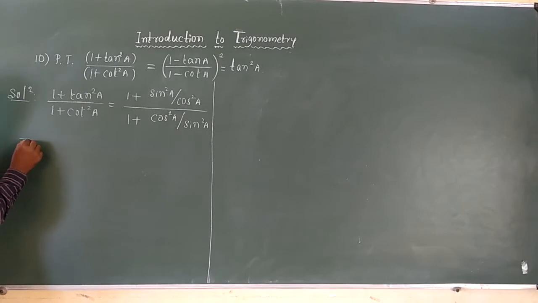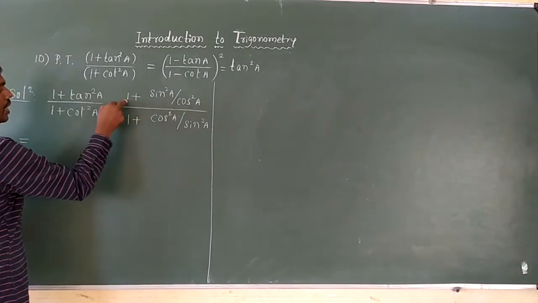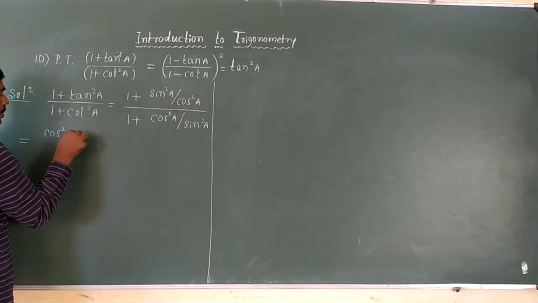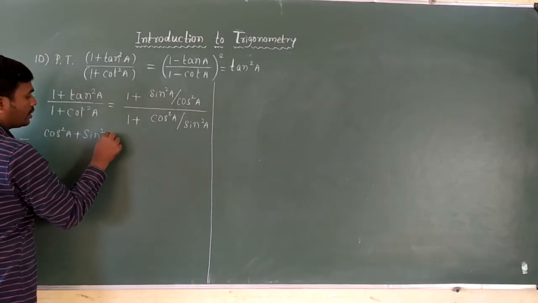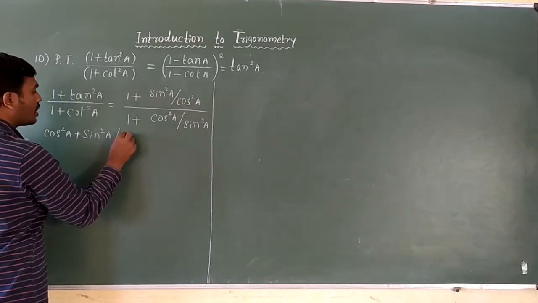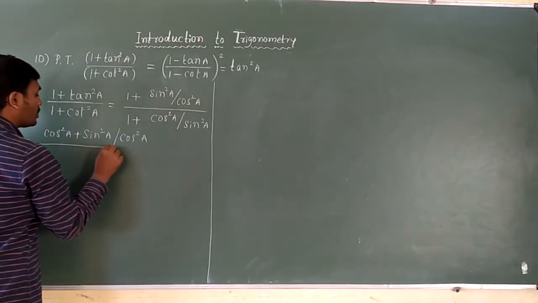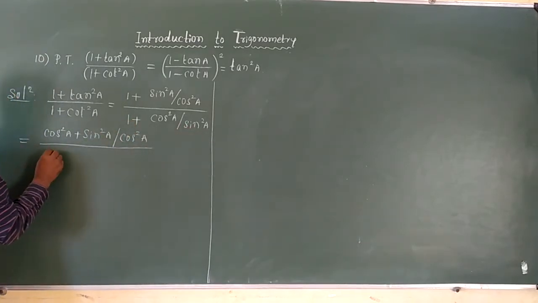So this is equals to, take here cos square a into 1 is what? Cos square a, plus sin square a, whole divided by cos square a, divided by, simplify this one again, sin square a into 1 is what?